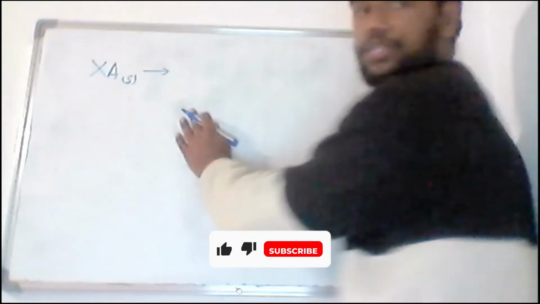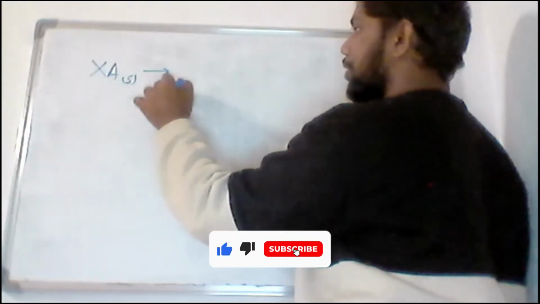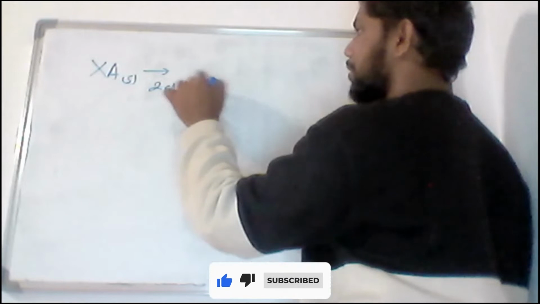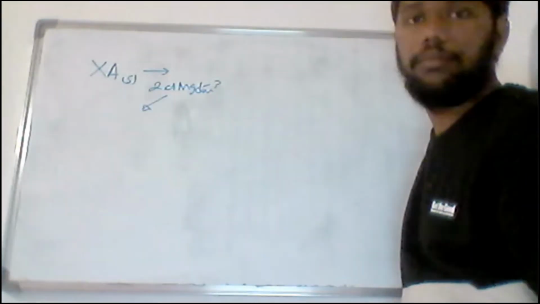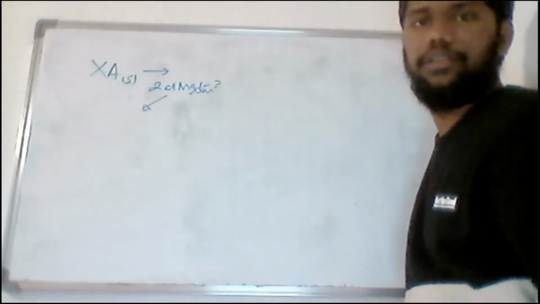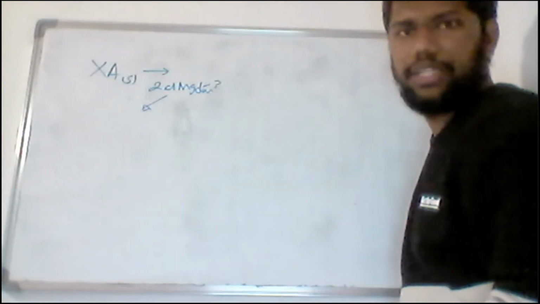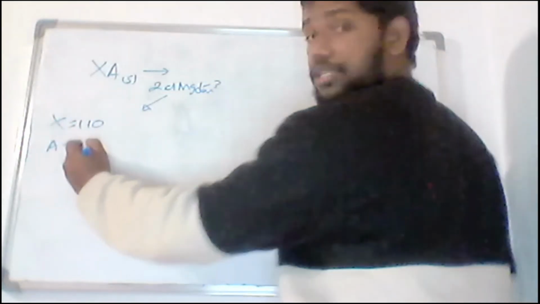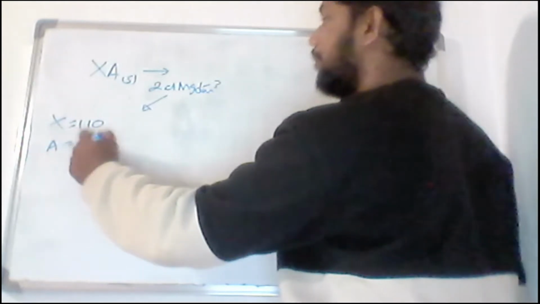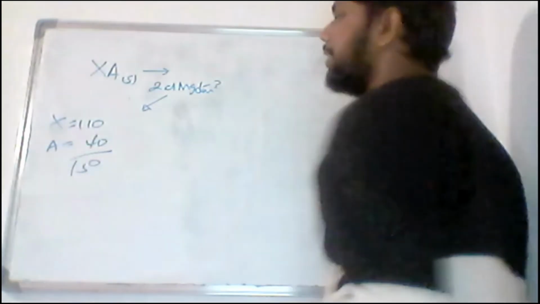So we have XA solid and its solubility is given as 2.01 milligrams per decimeter cubed. So what you can do is calculate the molar concentration, the molar solubility. They have given the molar mass of X as 110 and A as 40, so it is 150 basically.